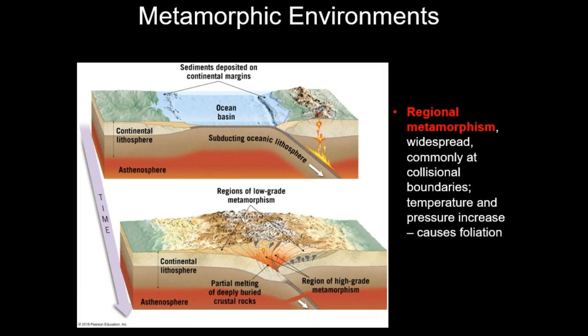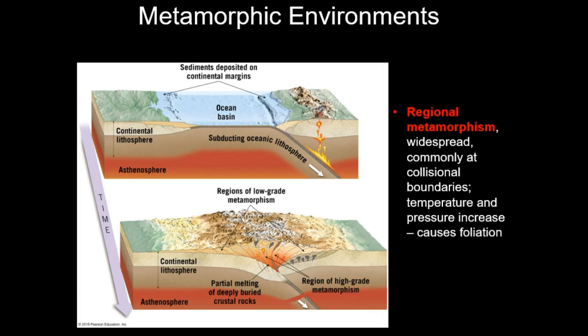If you remember from the plate tectonics lecture, when two continental plates converge, neither one will subduct. They will simply result in mountain building. And with mountain building, there's going to be deformation.